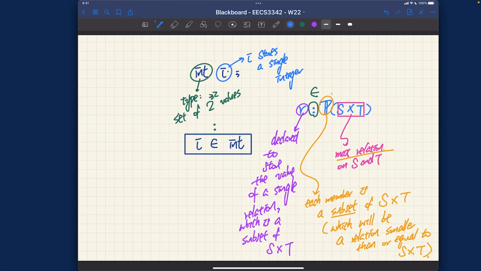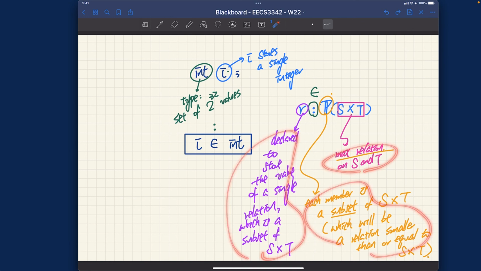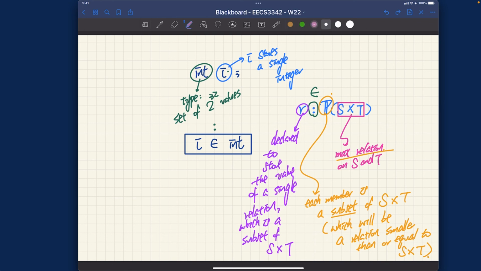But I would suggest try to read through. Try to also read through the comments I actually made over here. I think I put in there actually for a reason, just to help you understand what's going on over here. So you really want to understand the notation over here. All right. Let's now go back.